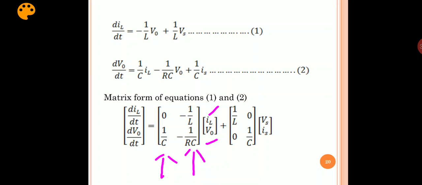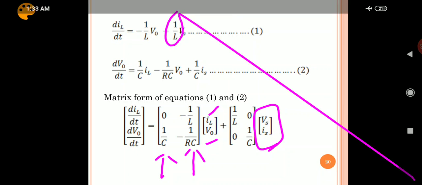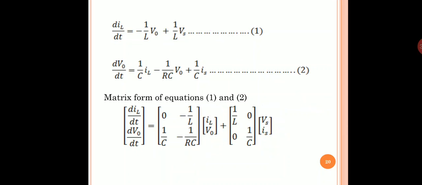Now plus B into U, where U is Vs and Is. In the first equation the coefficient of Vs is 1 by L, and there is no Is term, so 0.